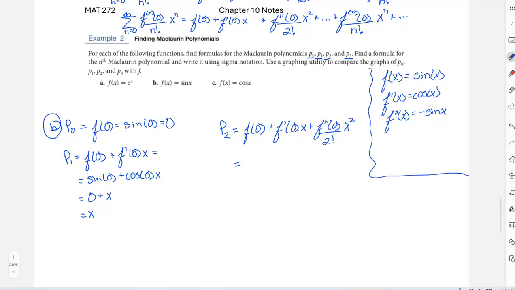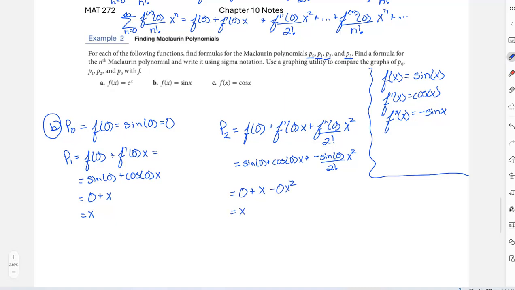So if I plug everything in, I'm looking at f of 0, which is going to be the sine of 0, plus the derivative, which is cosine of 0, times x, plus negative sine of 0 over 2 factorial times x squared. Now we're going to simplify it. Sine of 0 is 0, cosine of 0 is 1, and sine of 0 is 0.